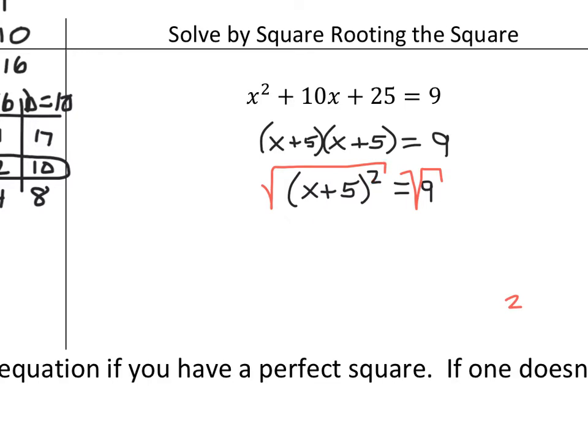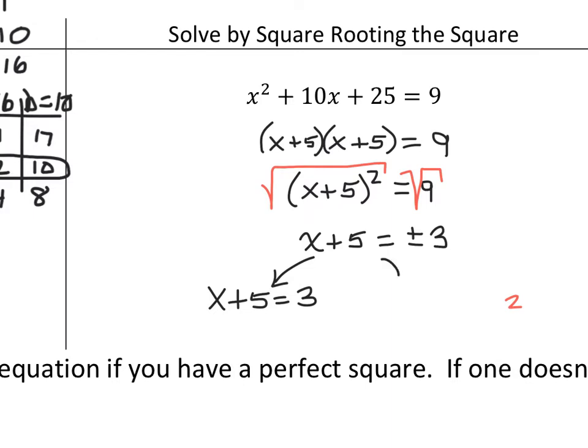They undo each other, they are inverse operations of each other. So on the left-hand side, I just have x plus 5 coming out. On the right-hand side, the square root of positive 9 is both a positive and a negative 3. And so we can solve here. I've got x plus 5 equals positive 3.